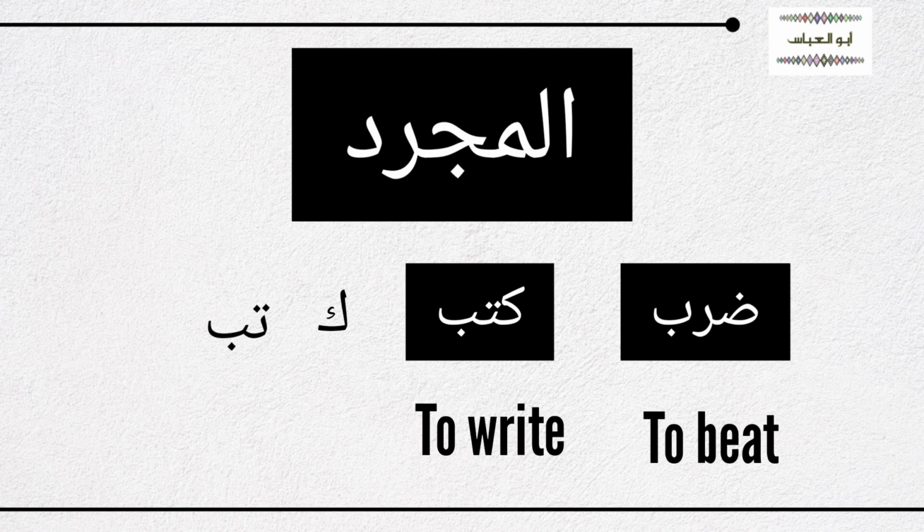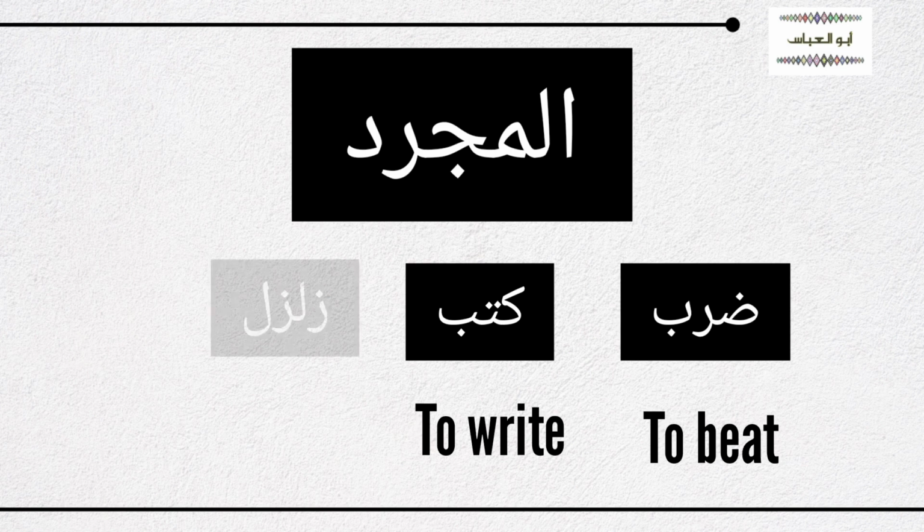So the kaf shouldn't be removed from that verb if you still want to preserve its meaning. If I take out ta, it remains ka and ba. Is the meaning preserved? No. If I take out ba, what happens? The same thing applies. The meaning is not preserved, meaning that all the letters in kataba should be there. So kataba is al-fi'lu al-mujarrad.